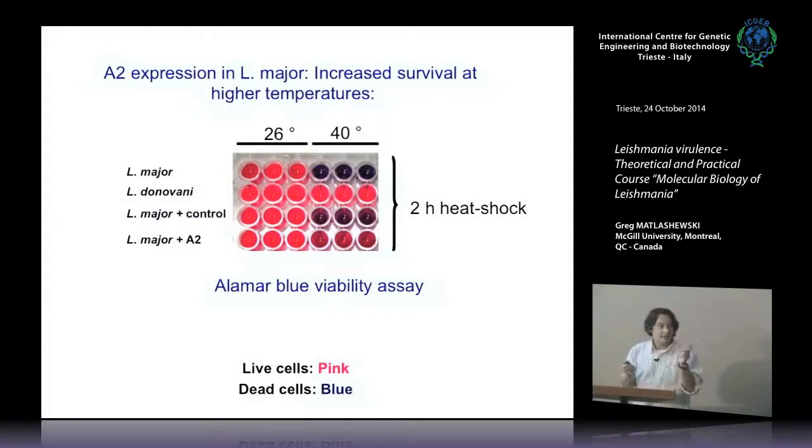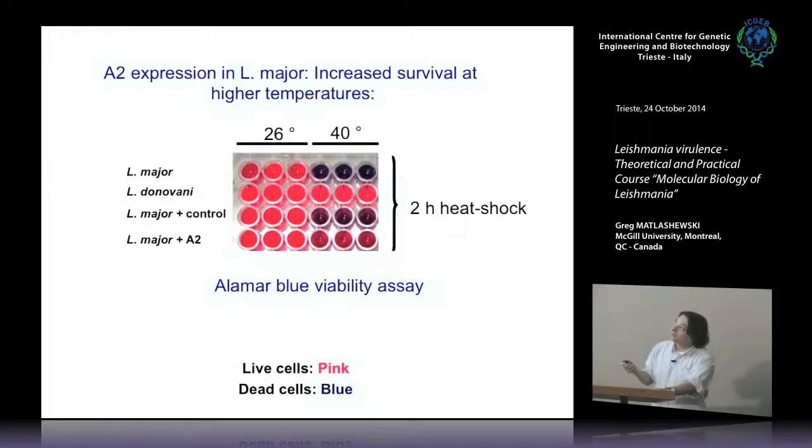If the parasite dies, the color of the dye goes blue. So if you take L. major and grow it at 26 degrees, it's alive. It's red. If you switch that culture to 40 degrees, L. major turns blue, which means it's dead. So L. major cannot survive at a high temperature. It has to survive at a low temperature, 26 degrees.